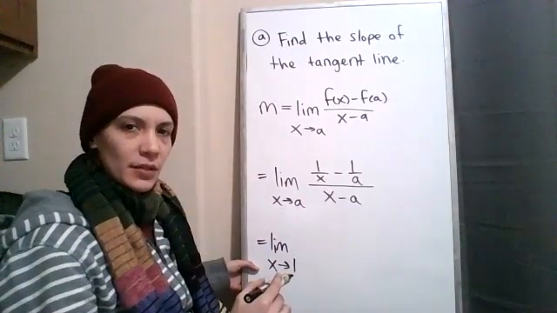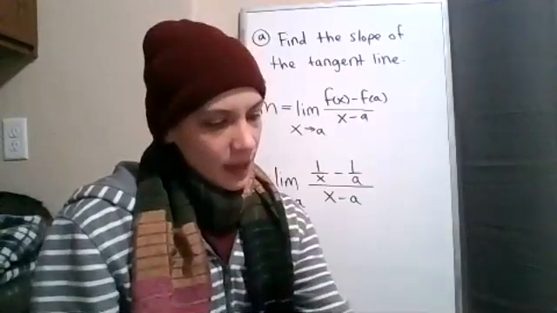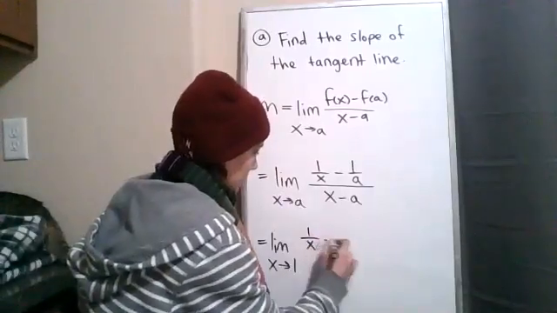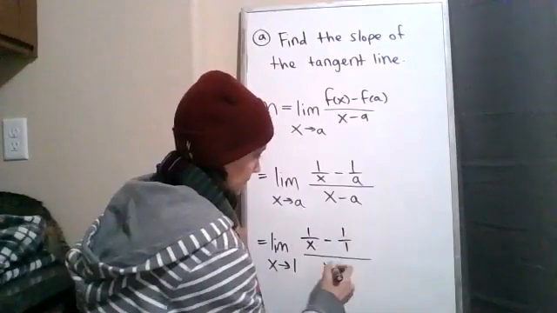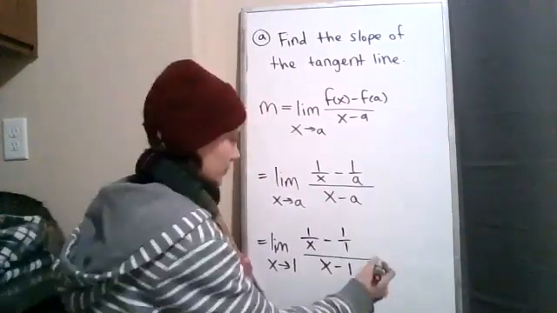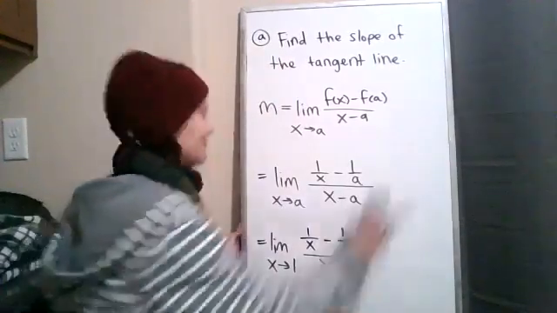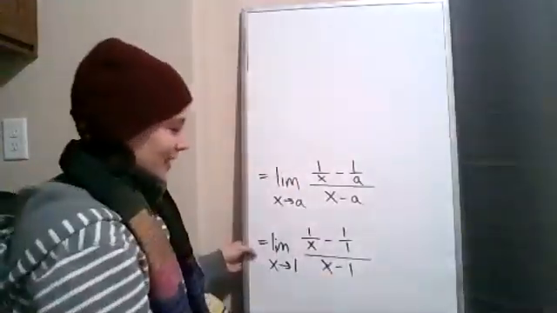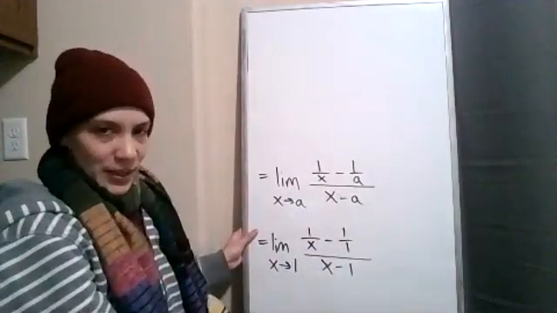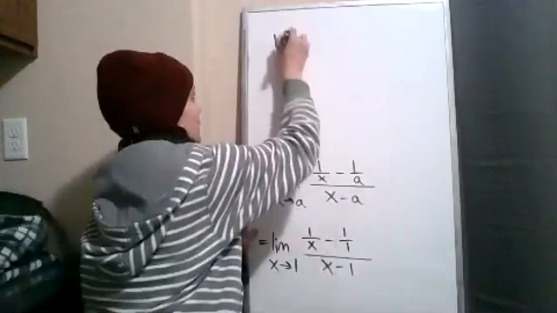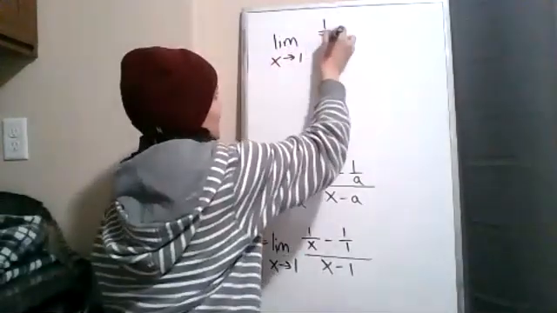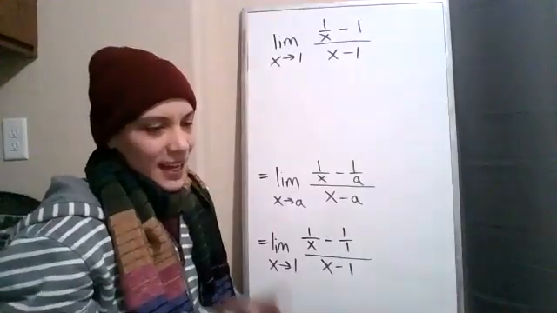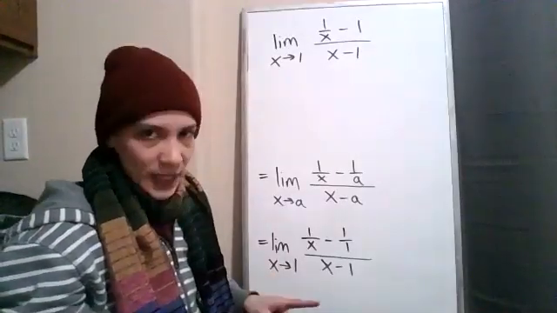So the limit as x goes to 1 of 1 over x minus 1 over 1, over x minus 1. And then I'd start to put in 1, and then I put that little note.